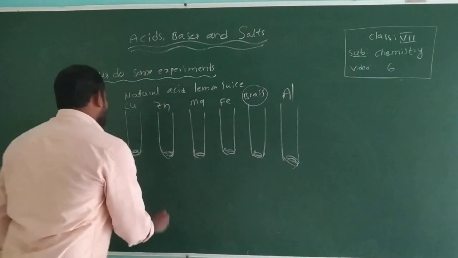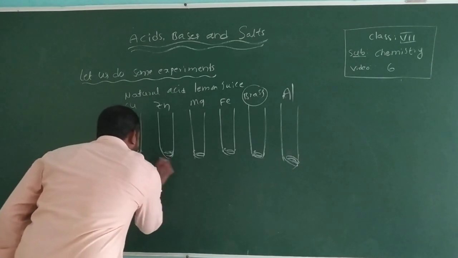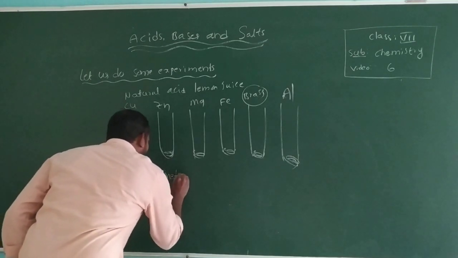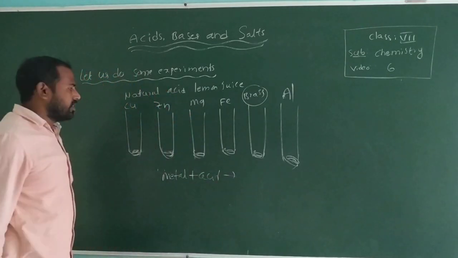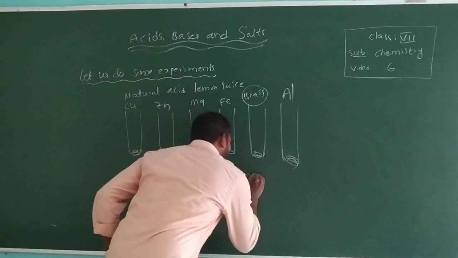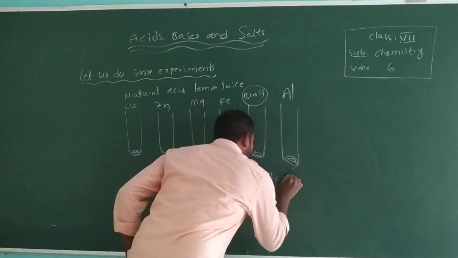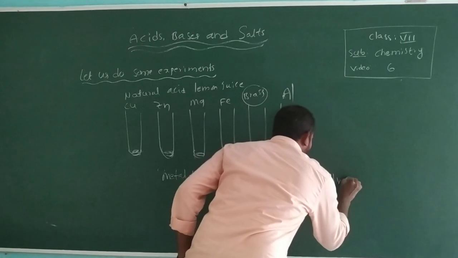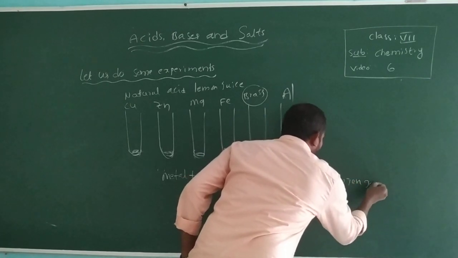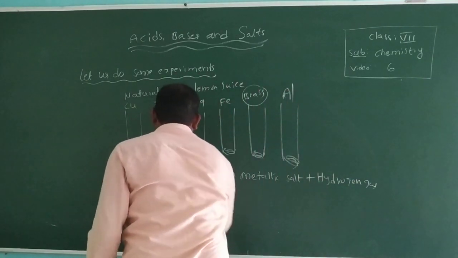Okay, so whenever metals are added to the acids, they can form metallic salt and hydrogen gas. This is an important reaction.